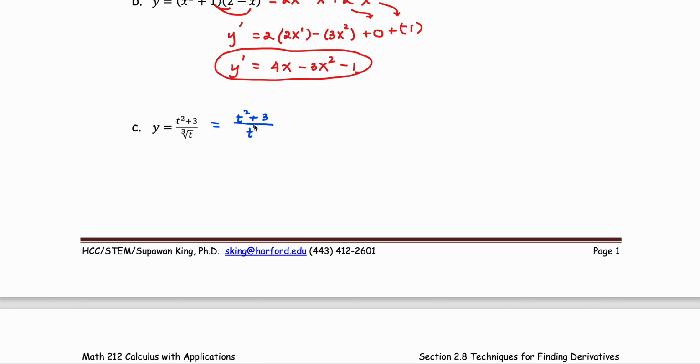So now we change it to the t to the power 1/3. And then this is the form of, it has a single denominator. That means we can separate them by each term sharing the same denominator.